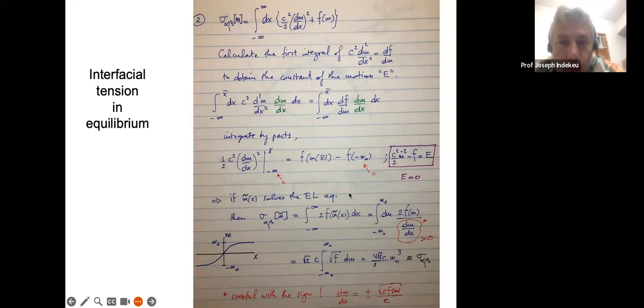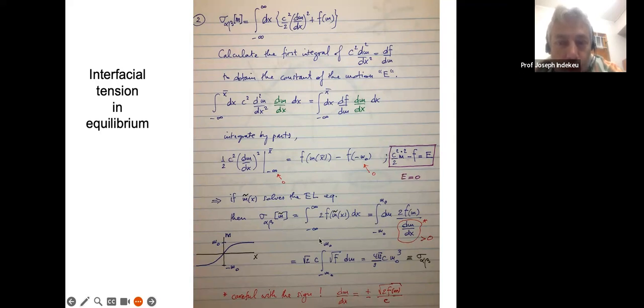And so what we're going to do is to use this equality in our functional. And if m tilde solves the Euler-Lagrange equation, then we can use the first integral for that test profile m tilde. And if we do that, we can replace the gradient squared contribution by the f itself in view of this identity here.